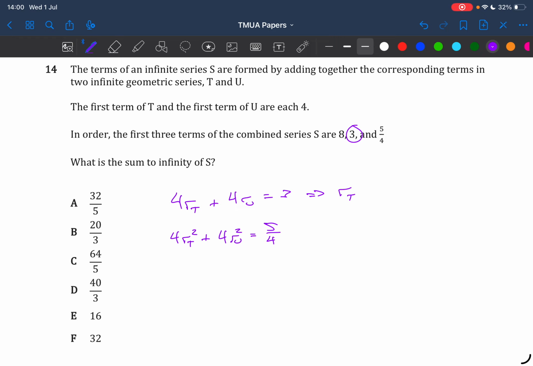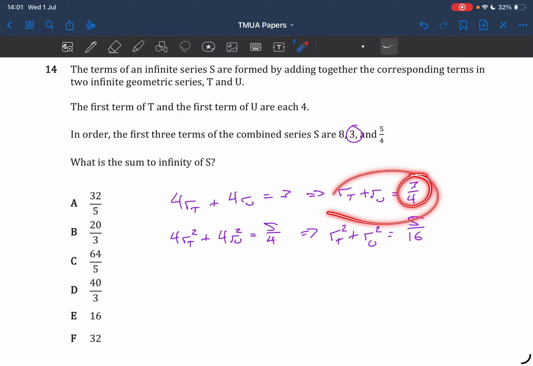So we know that the two common ratios must add up to 3/4. And the squares of them, when you add those up, must equal 5/16. I can do this with an inspection, I think. So I've just like a quarter, 3/4. So can we just do a half and a quarter?